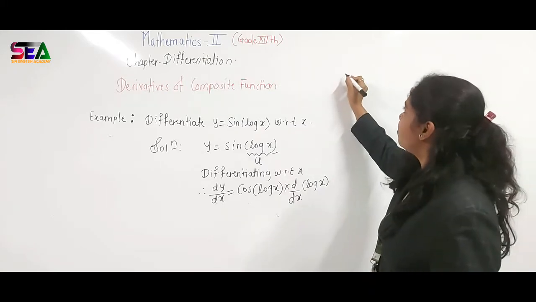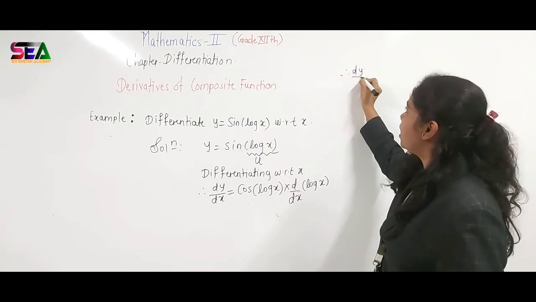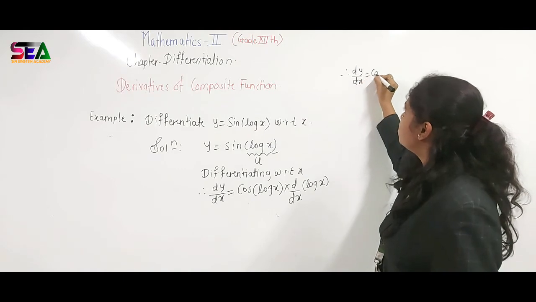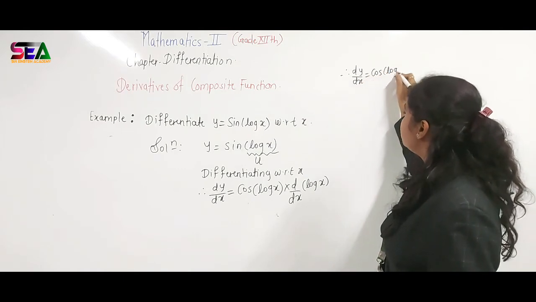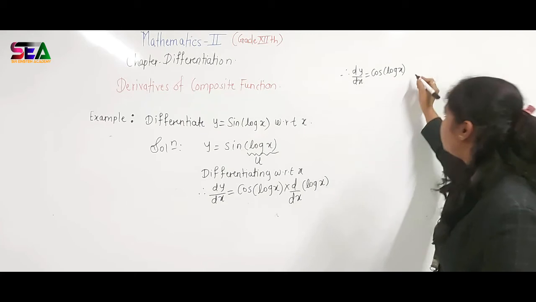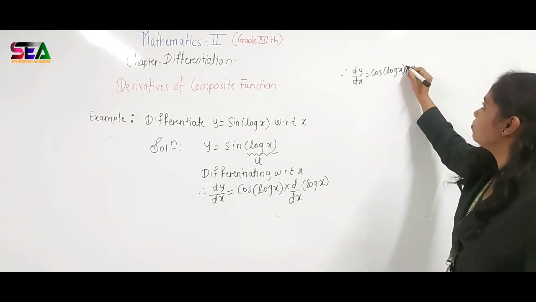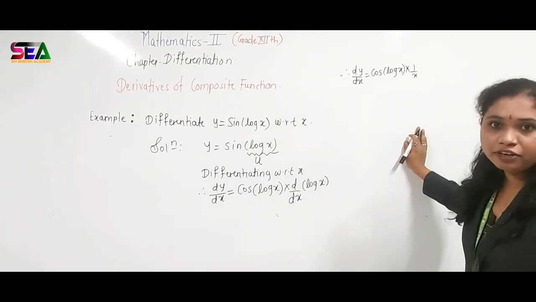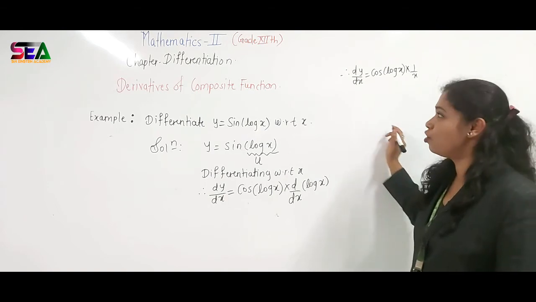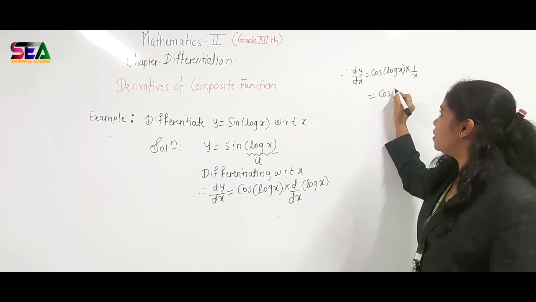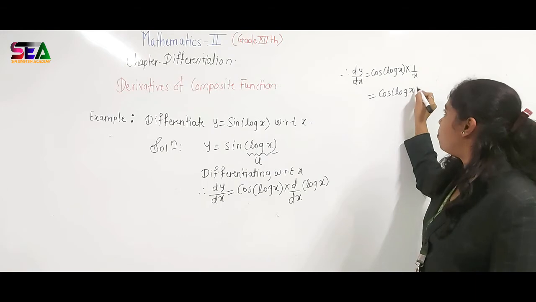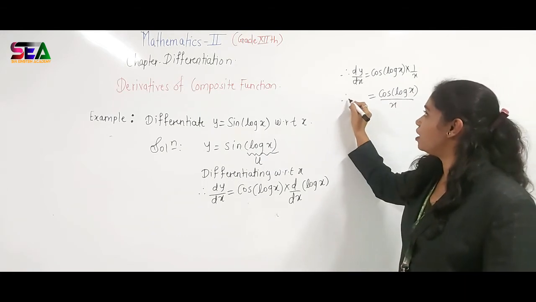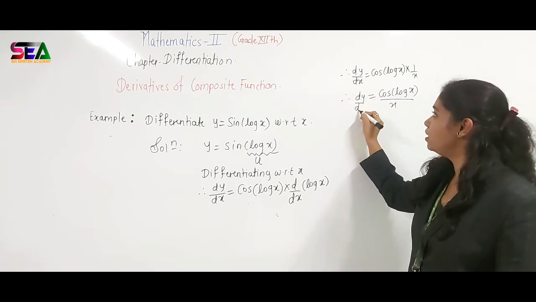So dy by dx equals cos of log x as it is, into the derivative of log x, which is 1 upon x. So my final answer will be cos of log x upon x, the final derivative dy by dx.